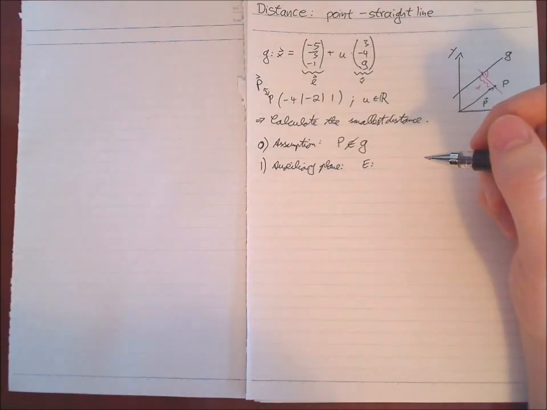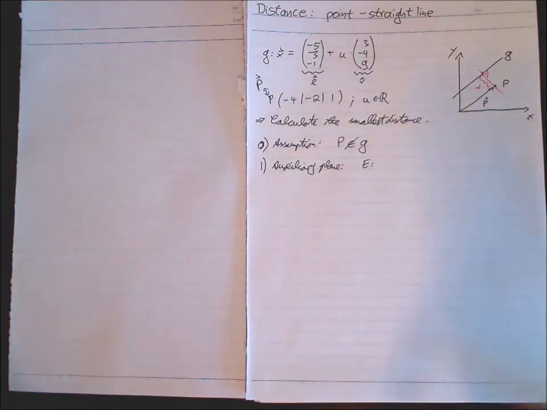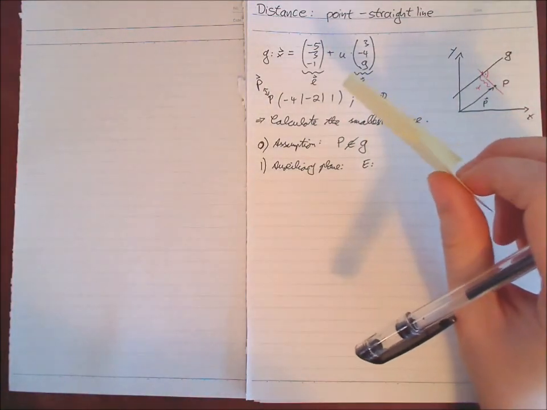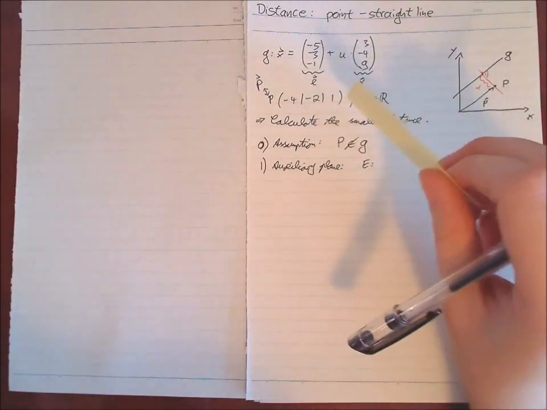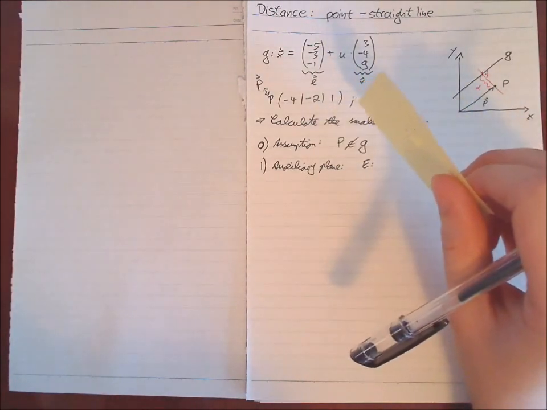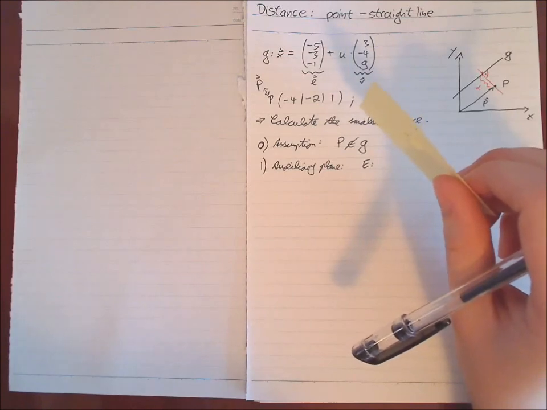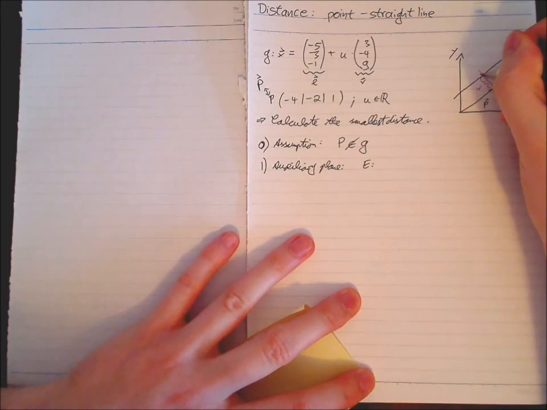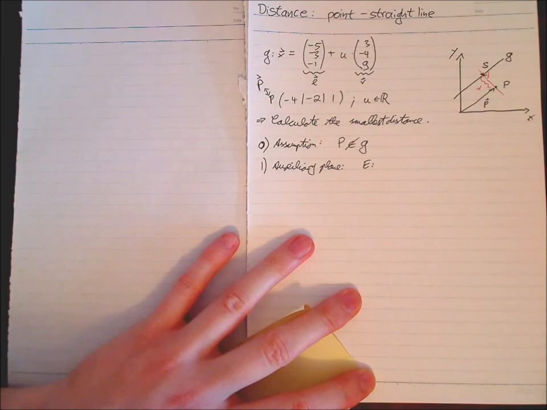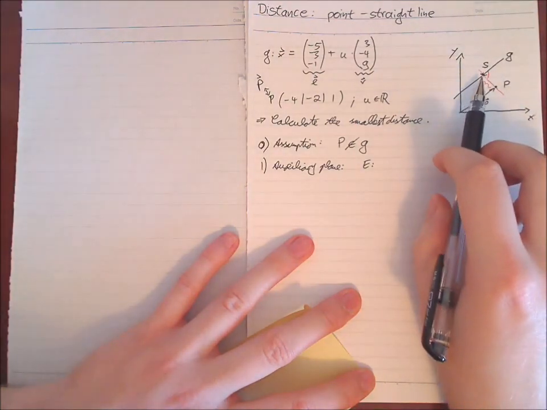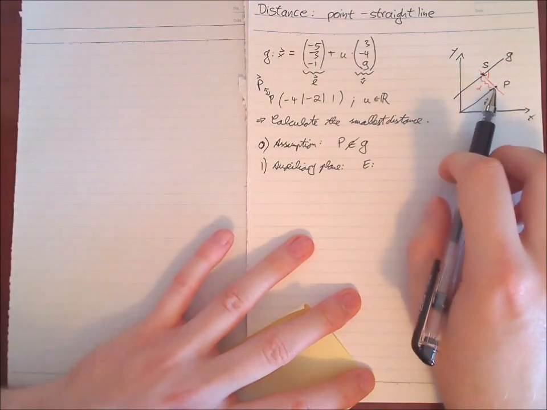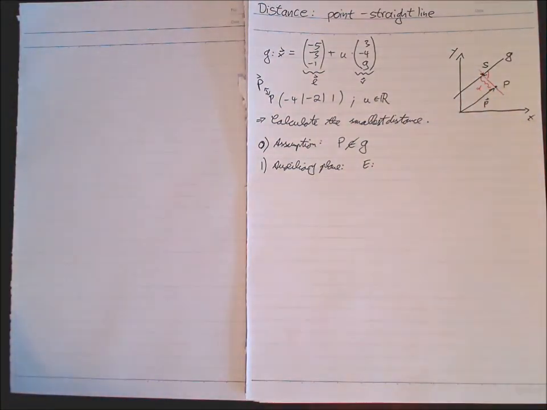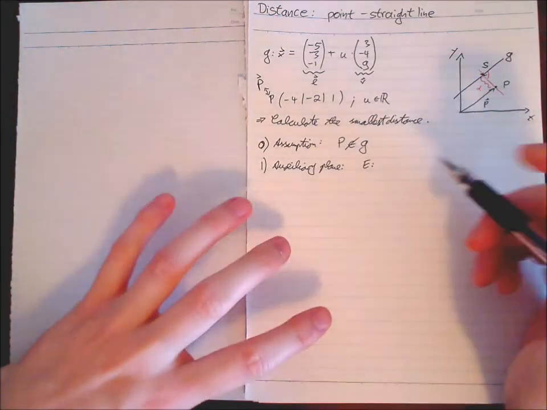With the auxiliary plane, we can create the plane and let it intersect with the line, and we will directly get the point, which let's say we call S. So that's what we can find out, and with that point we can calculate the connecting vector, and then the amount of the connecting vector.